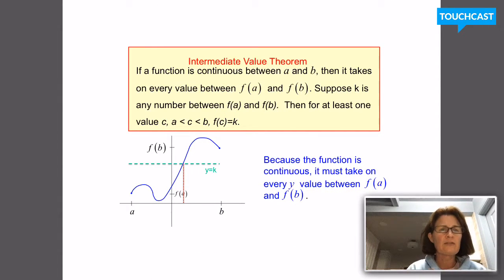So notice here I've added two little dotted lines to this picture. If k is some y value, in our case, it's going to be a y value that we're interested in for some reason.